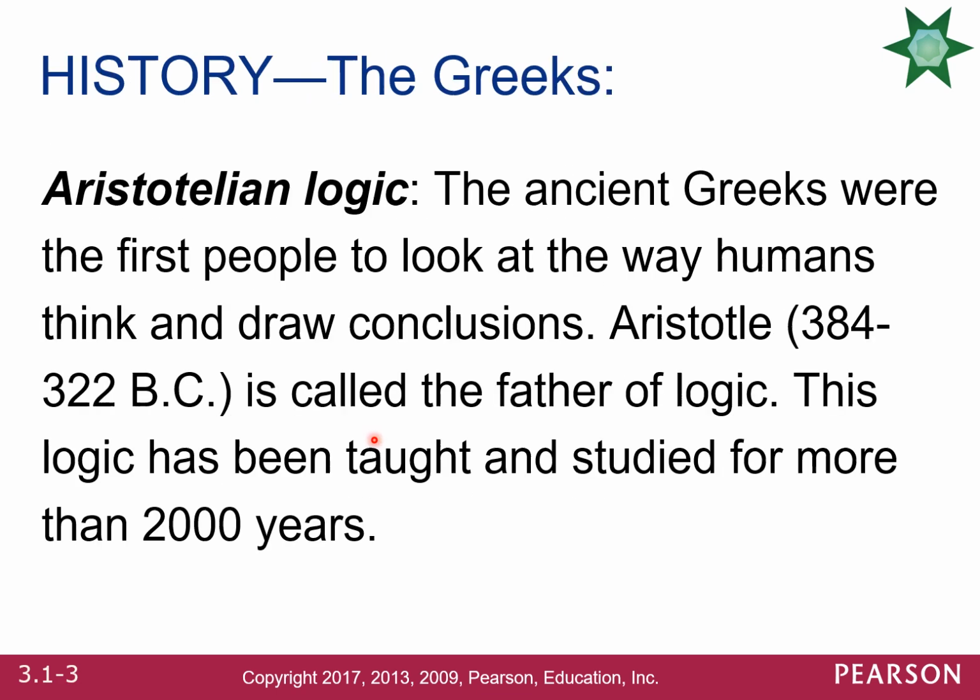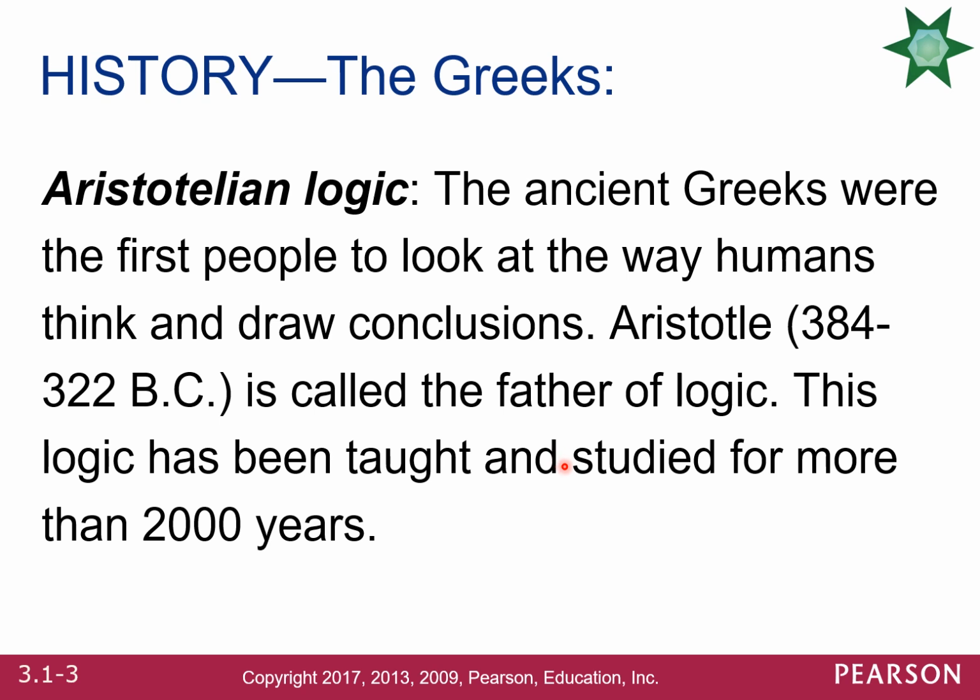Now, it is believed that in the Western world, logic and logical thinking was initiated by the Greeks, starting with the Greek philosopher Aristotle. So, his way of processing logic and reasoning is called the Aristotelian logic. He lived between 384 and 322 BC, and he is regarded as the father of logic.